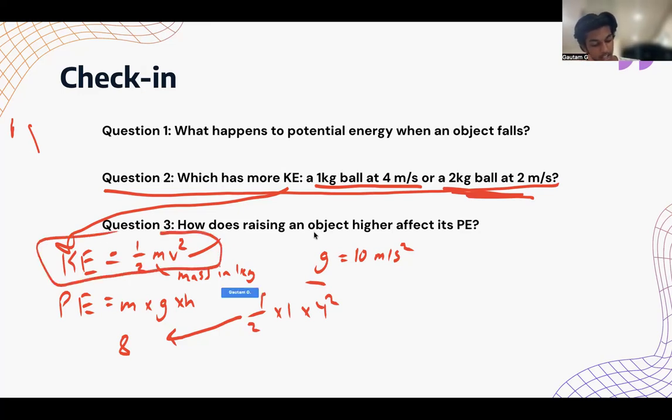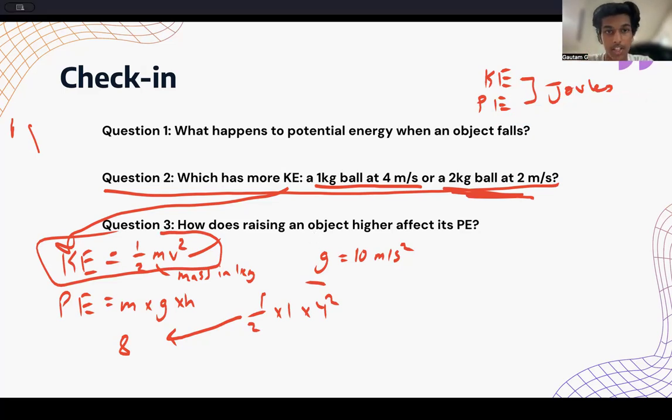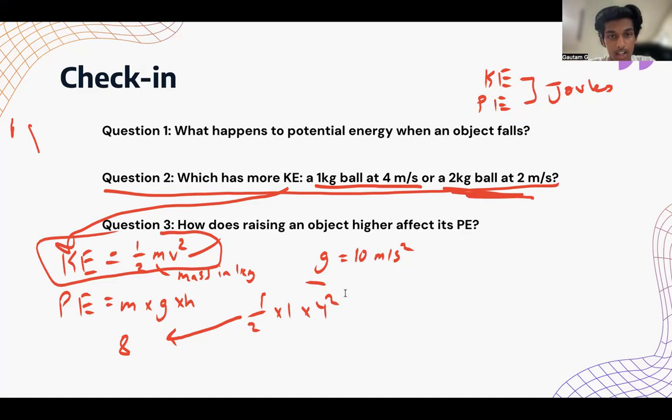Again, something I should reiterate from last class is that kinetic energy and potential energy will always be measured in joules. That's the unit. Do you guys have any questions about this so far? I know I'm going a bit fast.